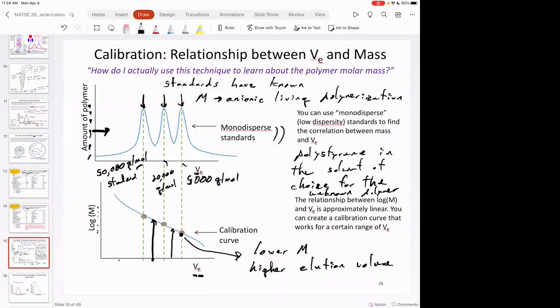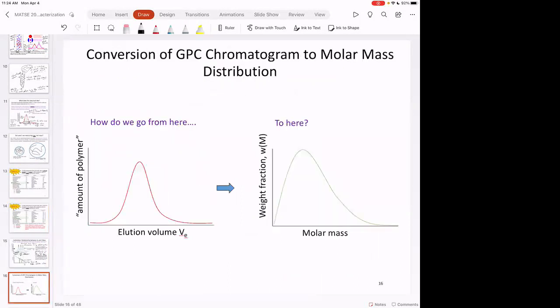But once we can calibrate our known molecular weights versus elution volume, so you get some sort of calibration curve like this, now we can construct the weight average distribution of our sample. And so we're looking at weight fraction versus molar mass. So this is an indication of dispersity.